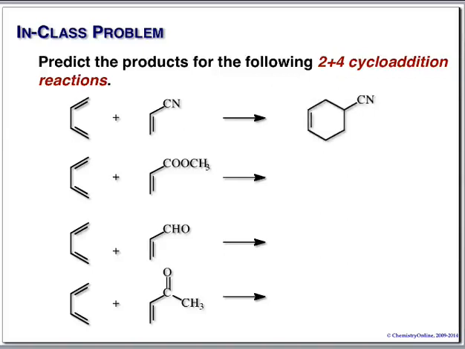The bonds that we made here, these guys, again, if you look across the 6-membered ring, these are the 2 carbons of our diene. Same thing here, carbons 1 and 4, add to the 2 carbons of our dienophile. Our carboxylate ester just goes along for the ride.